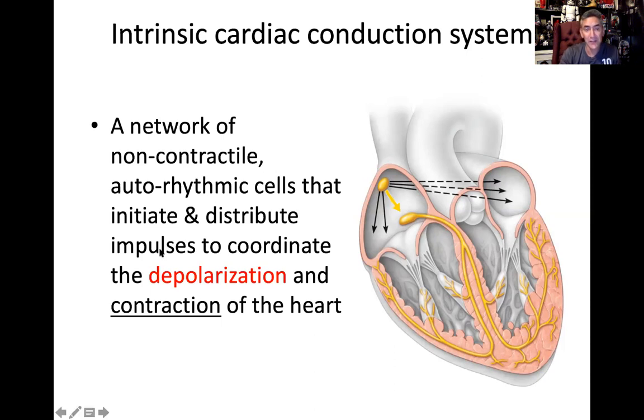And again, all of this pertains to the 1% of our non-contractile autorhythmic cells that initiate and distribute impulses to coordinate depolarization, which leads to the contraction of the heart cell. Our intrinsic cardiac conduction system is going to be shown in yellow. And there's a good video that shows all the working of the conduction system as well.